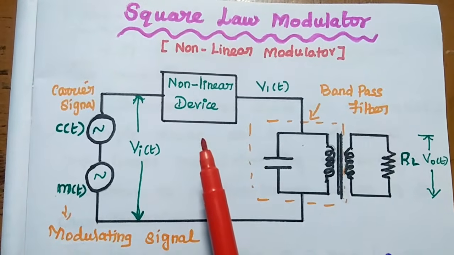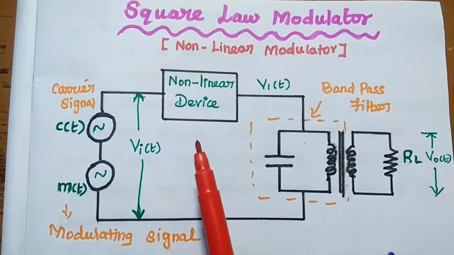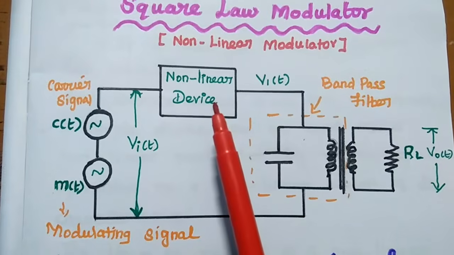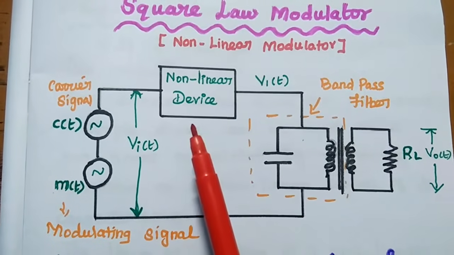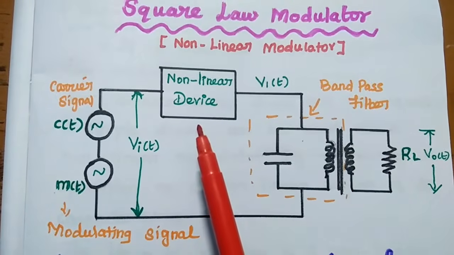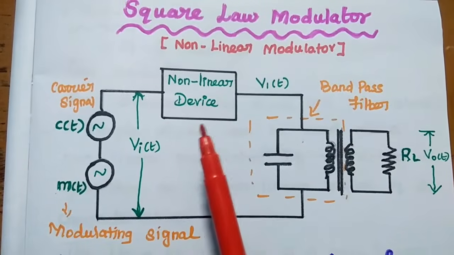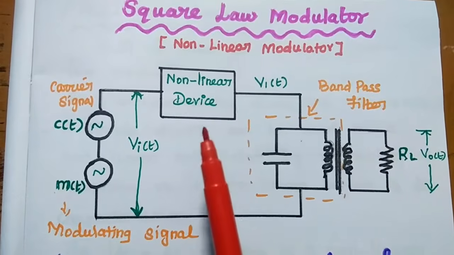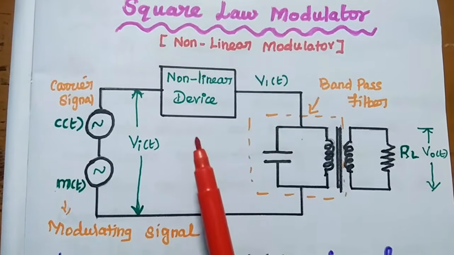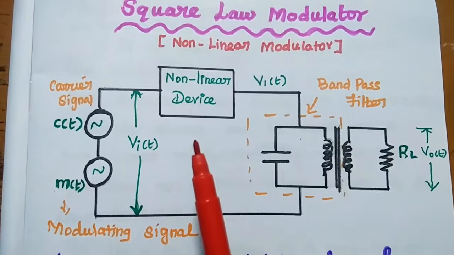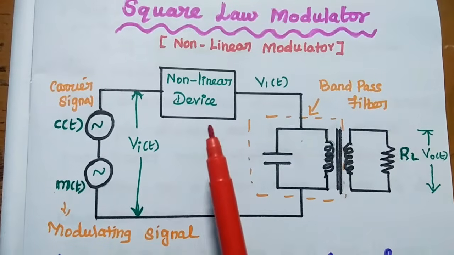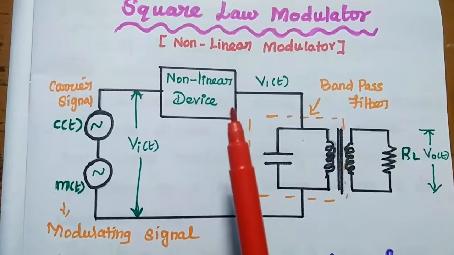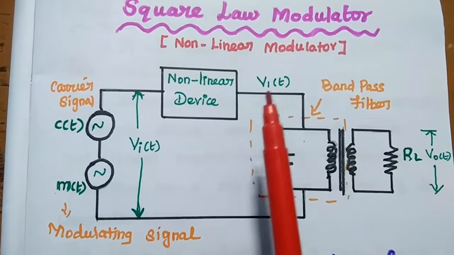Any nonlinear device like a semiconductor diode or transistor can be used in this section. Generally, a simple diode can be used as a nonlinear modulator by limiting its operation to the nonlinear region. Based on the nonlinearity property, we can generate the square law modulated signal.